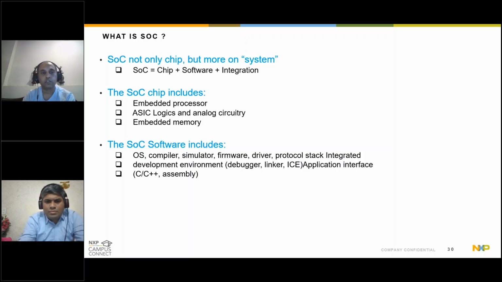So whosoever wants to use the hardware optimally needs to be enabled with all the software libraries, simulator, compiler, and firmware, so that he can write his application and map it in an efficient way, and make optimal use of the hardware for his application, right? And C++ and assembly is kind of intuitive. People will be writing their application probably in a higher level language, and then the compilers and assemblers will translate the high level program to machine level language.